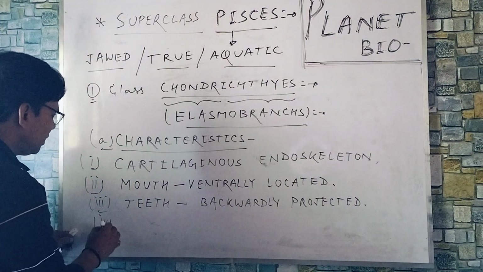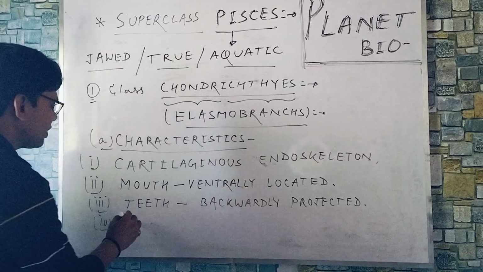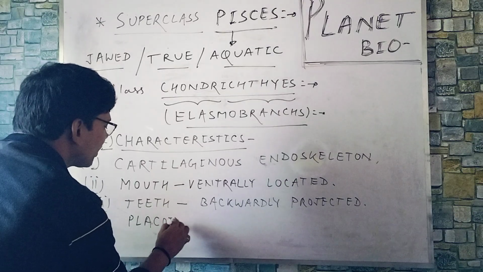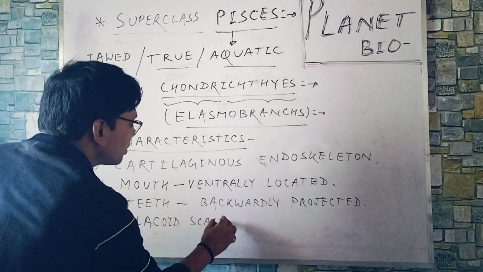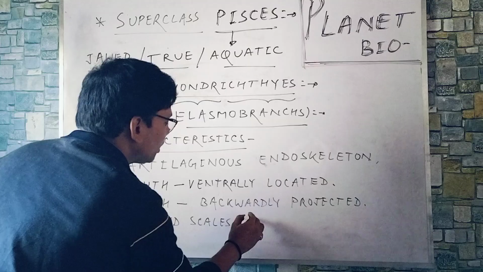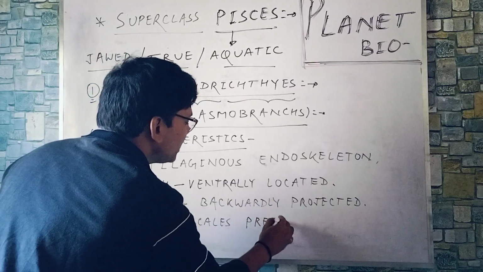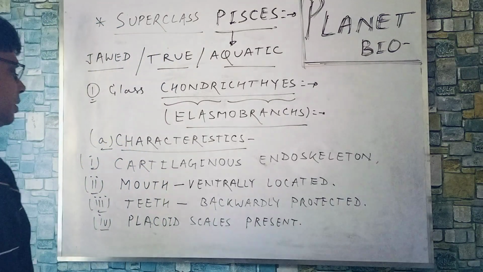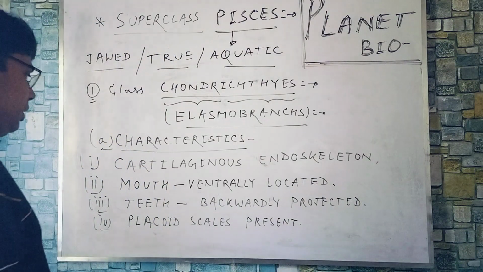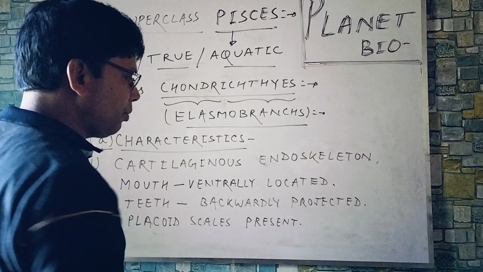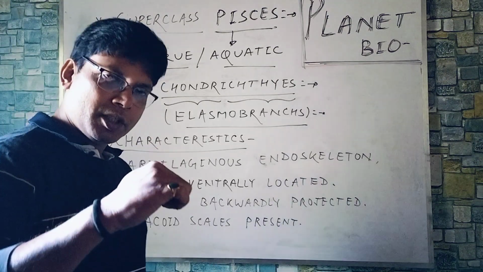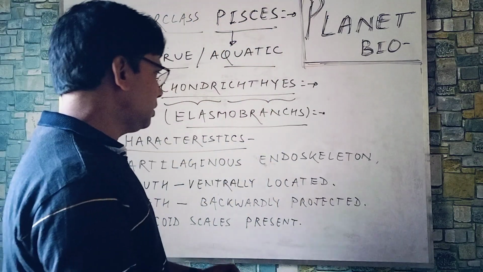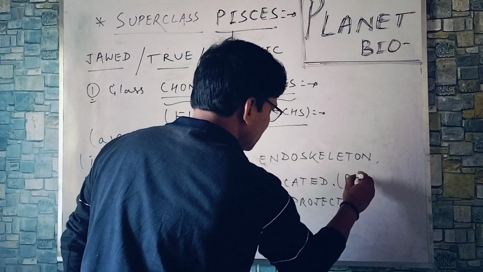The body has a specific type of scales, placoid scales. Placoid scales are present. This is a particular type of scales over the body of these fishes. Now, as teeth are backwardly projected, they have the capacity to attack the prey. They are predaceous, right?